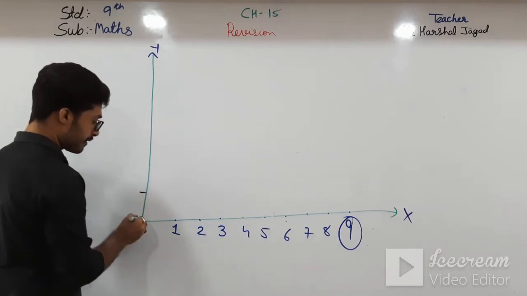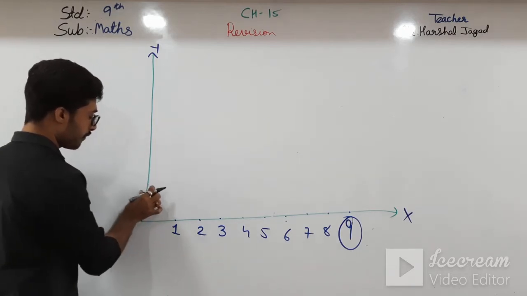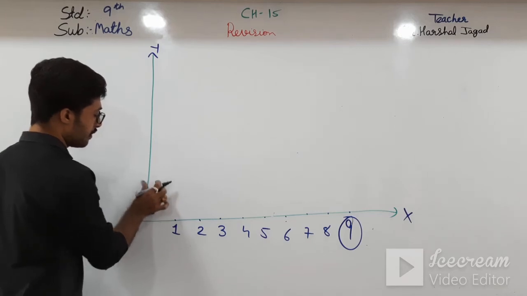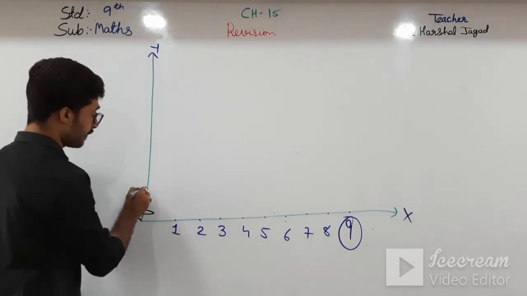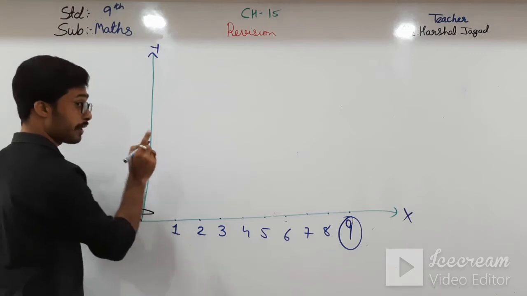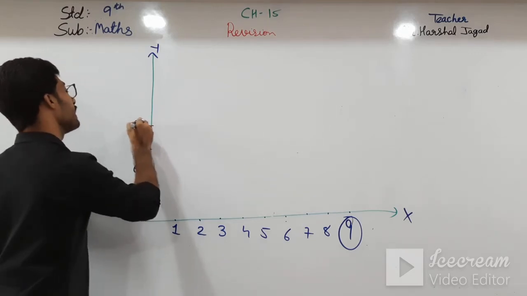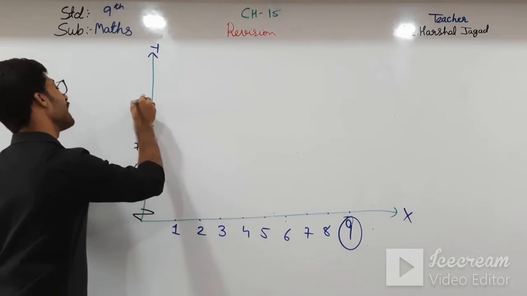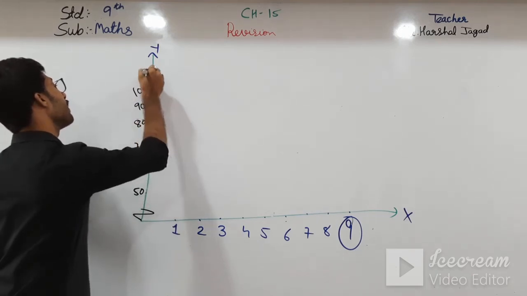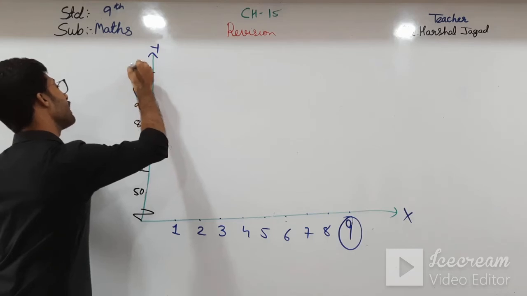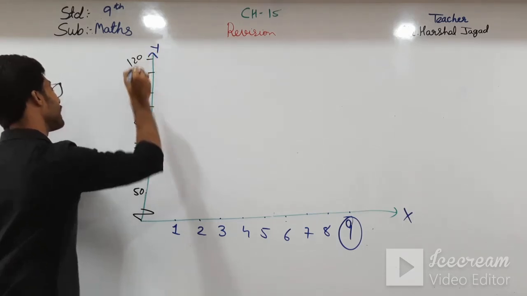So I will start from the speed of 50, 60 kilometers per hour, 70, 80, 90, 100, 110 and 120.